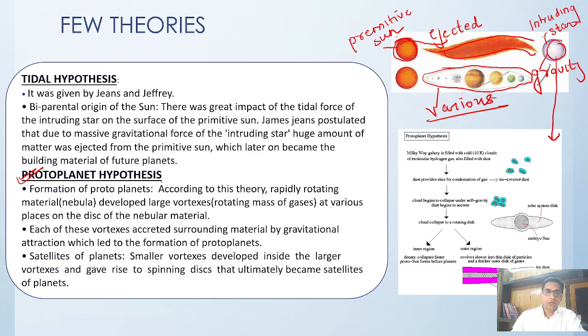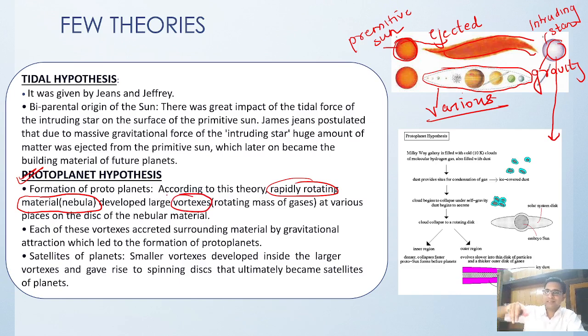Okay. So again, they said that there is a rapidly rotating material, which is called nebula. It created very high speed rotating masses of gases, that are called vortexes.